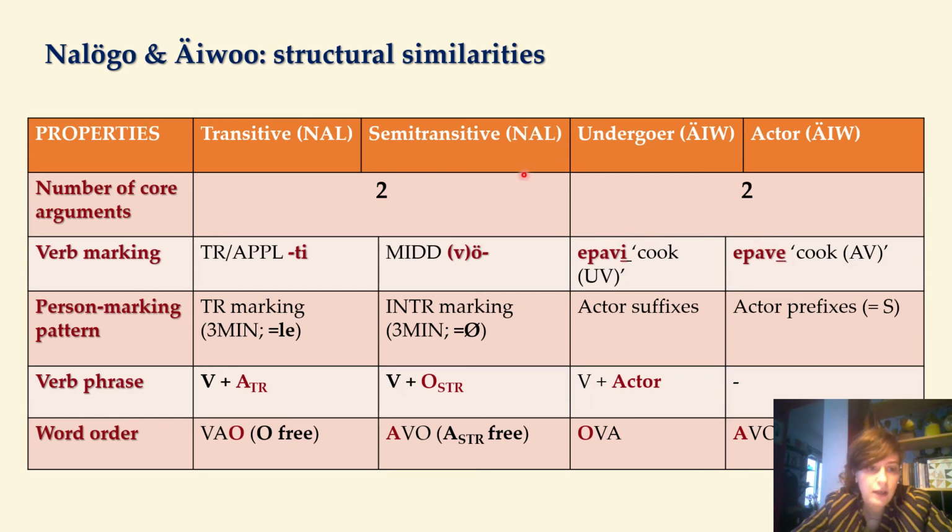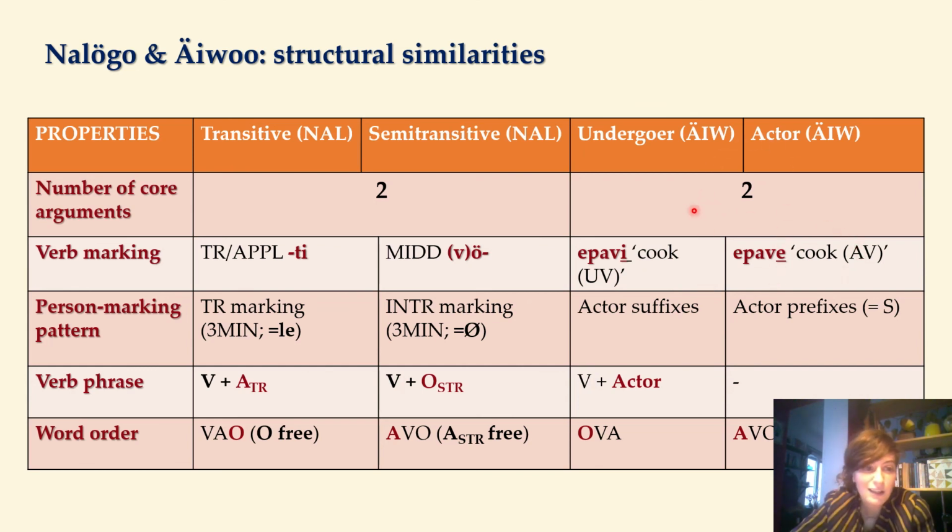In terms of person marking pattern, the third person in Nalogo has a tripartite system where the agent of the transitive clause is marked differently from the agent of the semitransitive clause. And this is similar to Aiwoo because in Aiwoo there are different strategies to encode the actors in the undergoer voice, where the actors are suffixes, and in the actor voice, where the actors are prefixes.